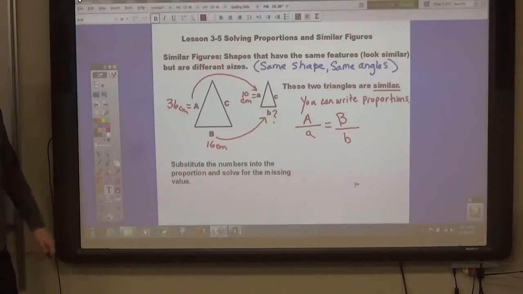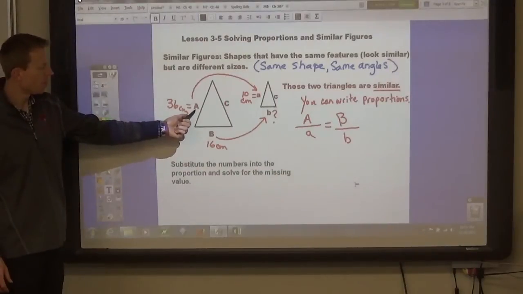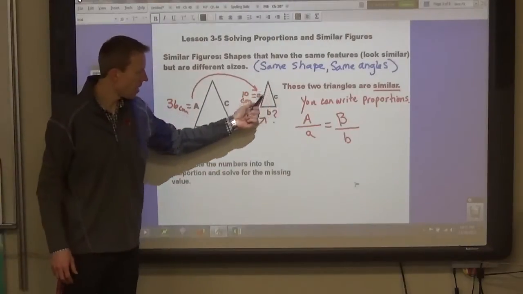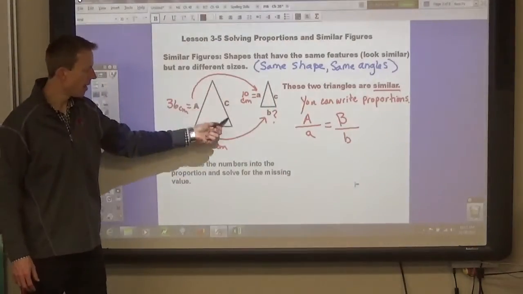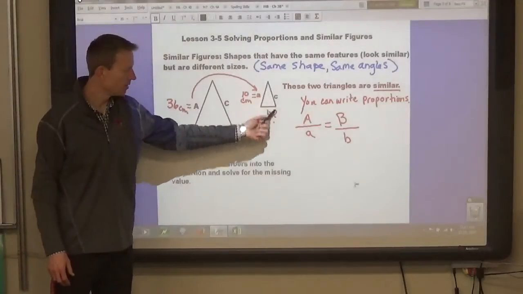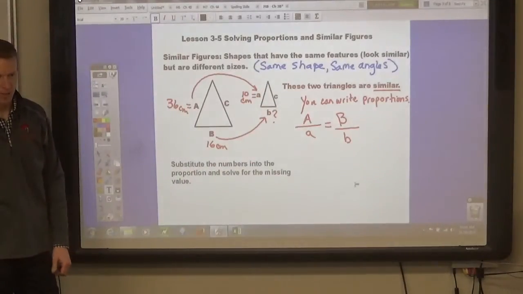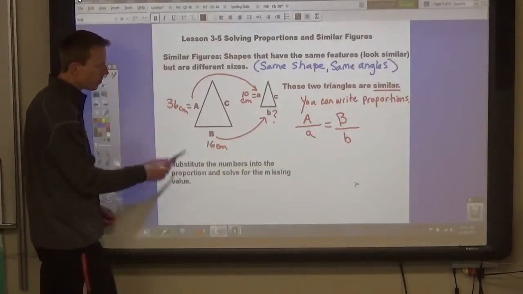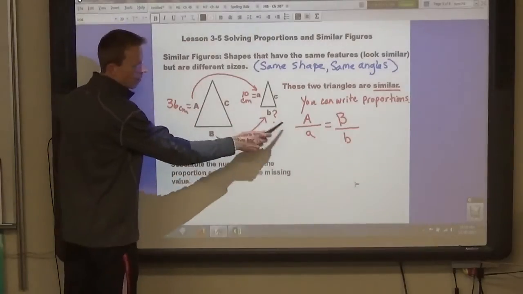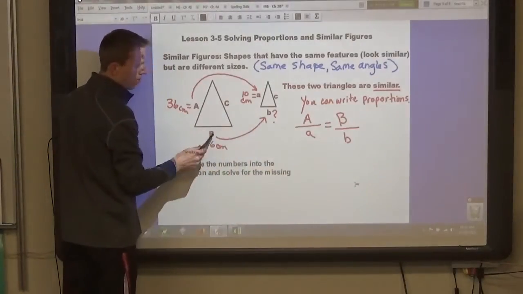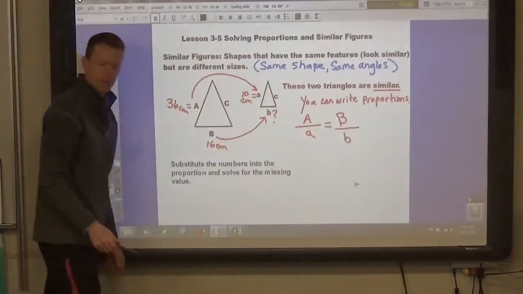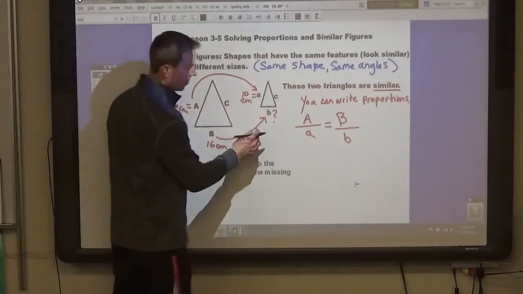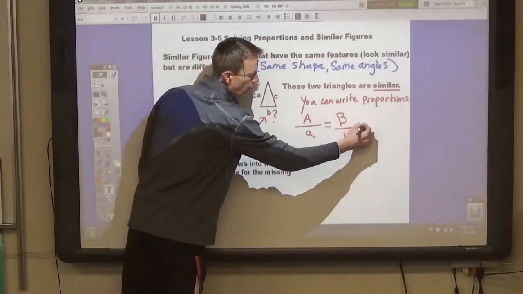So, for example, big A, this side is similar to this side in the same way that C is to C. If you put them on the same level, A is to A as B is to B, and as C is to C. Where would we write the big C?